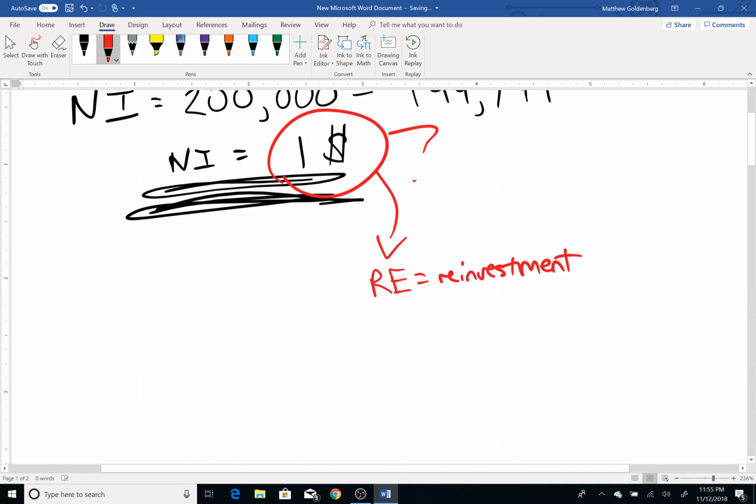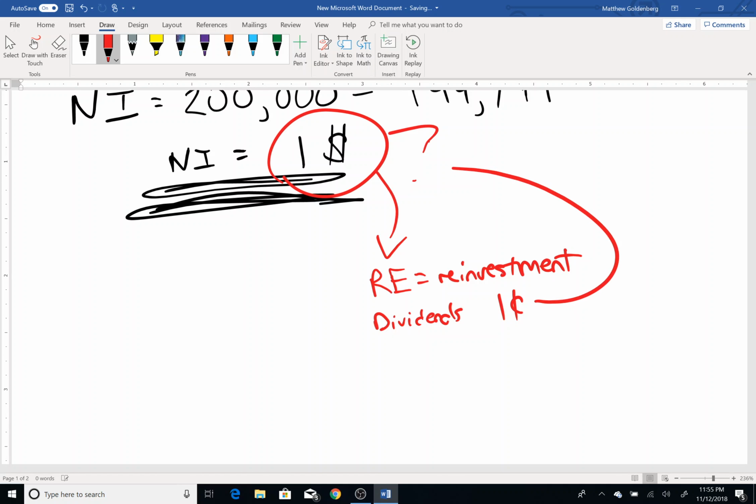And then if you were to decide to pay dividends out of a penny, those dividends to the stockholders would come directly out of that net income, which is directly part of retained earnings.